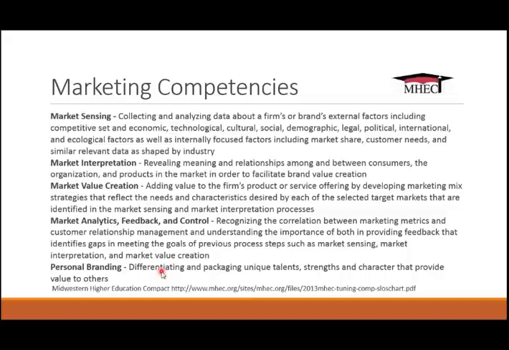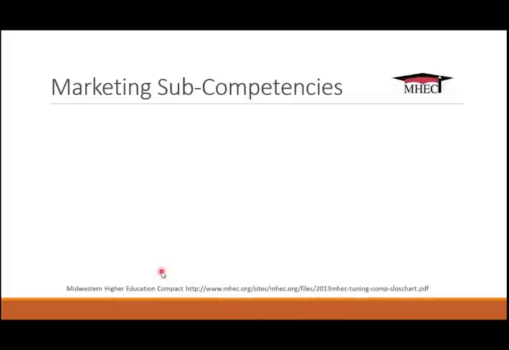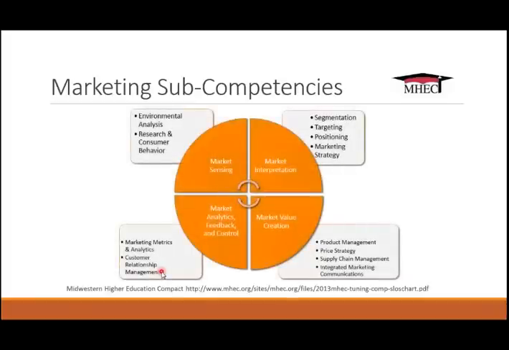So what we're going to do through the study of these principles of marketing is to study market sensing, market interpretation, market value creation, and market analytics, feedback, and control. This next slide shows how each of these stages are then broken down into separate aspects.